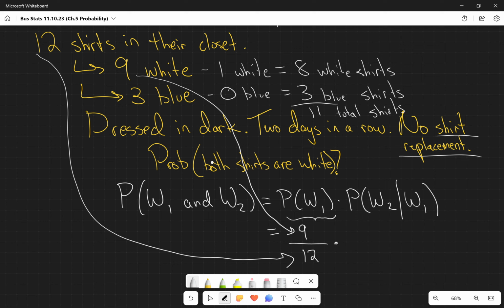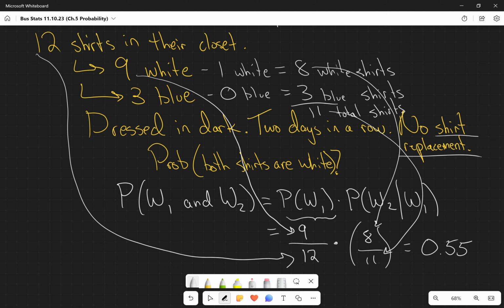So we're going to take the number of white shirts and put it in the numerator over here, and then we're going to take the total number of shirts and put it in the denominator. Is everyone clear where we get the numbers for each of these numerators and denominators from this simple prompt? Multiplying these together, it's just simple algebra, and we end up with a probability that the golfer gets 2 white shirts in a row at 55%.